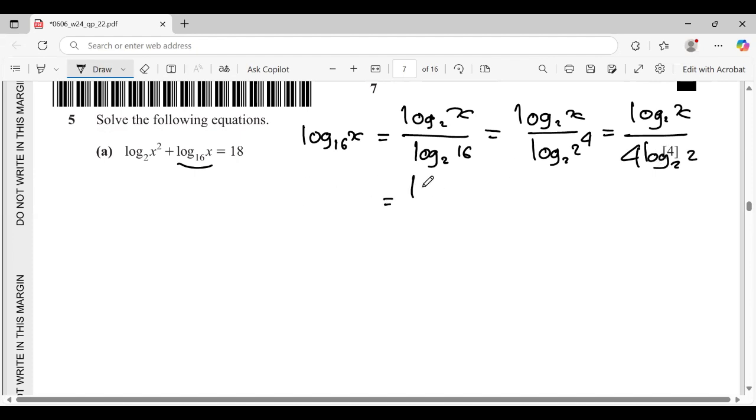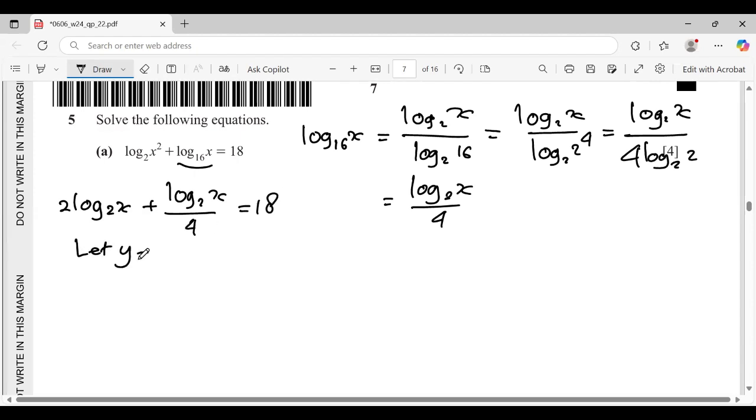So it becomes log base 2 of x over 4. So this equation becomes 2 log base 2 of x plus log base 2 of x over 4 equals 18. Now, let y equal log base 2 of x. So this equation becomes 2y plus y over 4 equals 18.